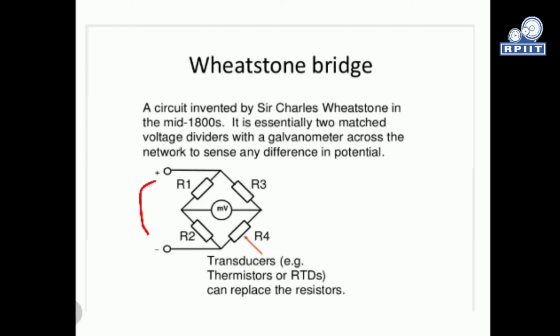The supply voltage is given to the positive and negative terminals, and a galvanometer is provided in between them, which basically senses the difference in potential. With different resistances, there will be a different voltage level across this arm and a different voltage level across that arm. Transducers like the thermistor and RTD replace the resistors here.